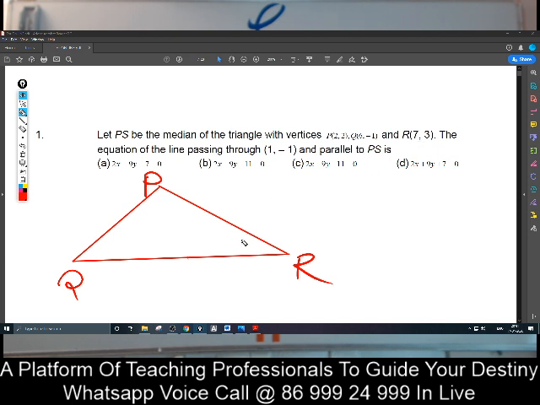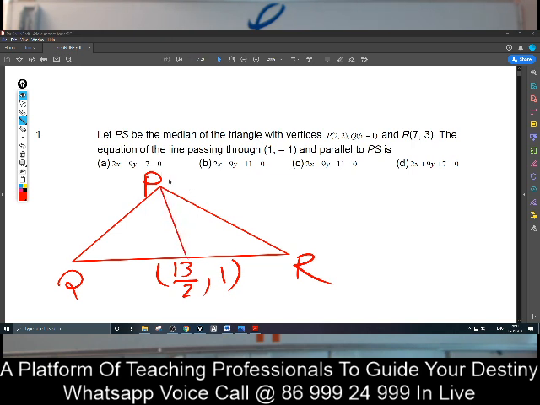What is the midpoint of QR? (7 plus 6) by 2, 13 by 2, comma, (3 minus 1) by 2, 1. So (13 by 2, 1) is S, the end of the median PS.